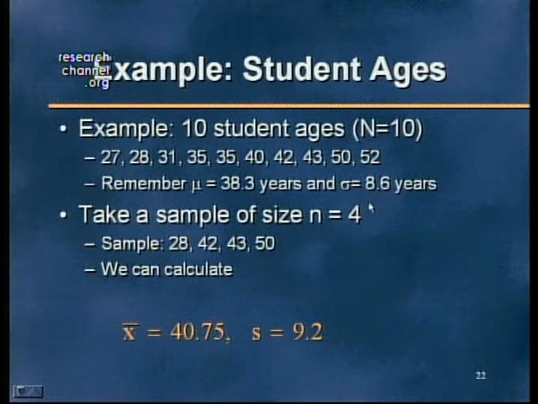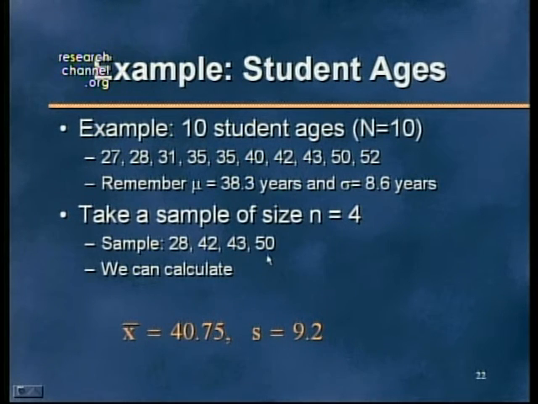What we had was this population of 10 students where the true mean was 38.3 years and the standard deviation was 8.6 years. So this is a case where we truly know the population standard deviation. Suppose we took a sample of size 4, and we have 4 observations.